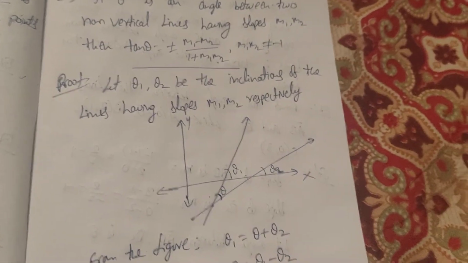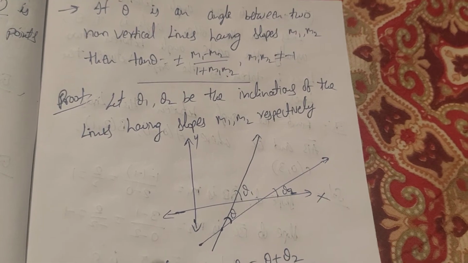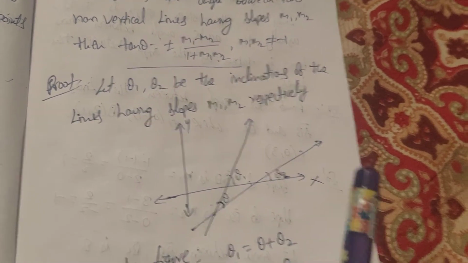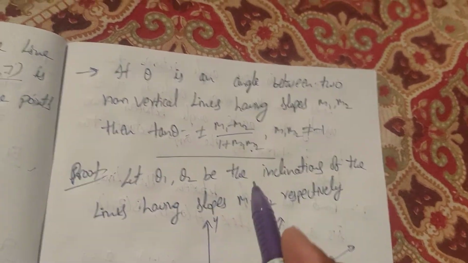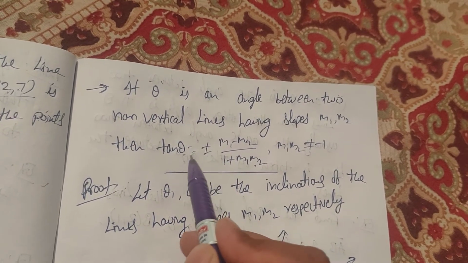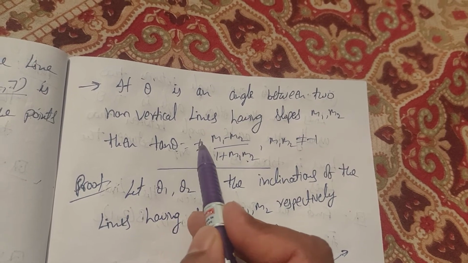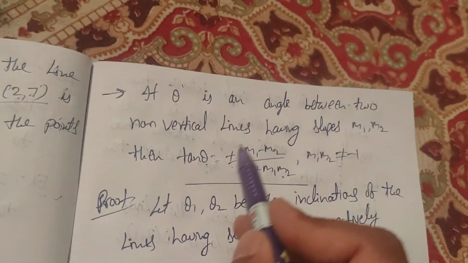Then tan theta is equal to plus or minus (m1 minus m2) by (1 plus m1 m2). First we are going to prove (m1 minus m2) by (1 plus m1 m2). This plus or minus means if theta is acute you get plus, if theta is obtuse you get minus. That means theta less than 90 gives positive, greater than 90 gives negative. So just to prove, first (m1 minus m2) by (1 plus m1 m2).